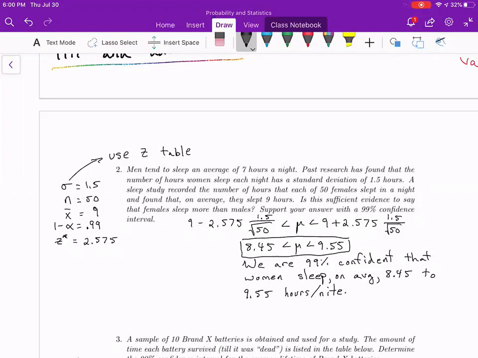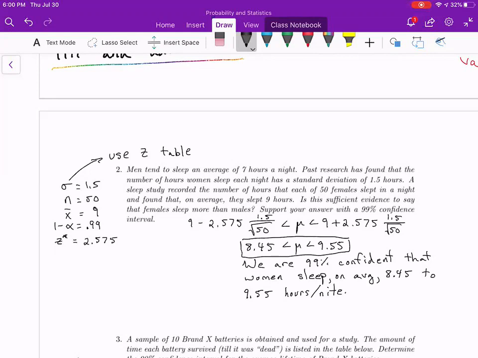And so that finishes the confidence interval. Now this problem happens to come with a question: is this sufficient evidence to say that females sleep more than males? What do you think? Can we say that females sleep more than males? Sydney and Miku, you jumped to the answer yes.